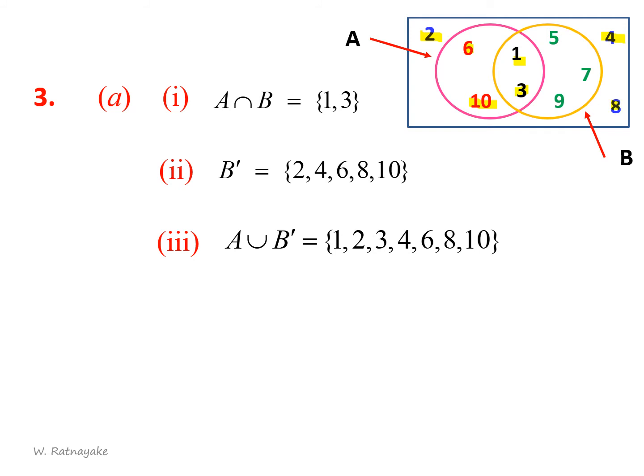And you have to be careful to write each element only once. So 1 and 3 we write as they are included in A, and 6 and 10 belong to set A as well as the complement of B, but you don't write them twice in the list, only once.